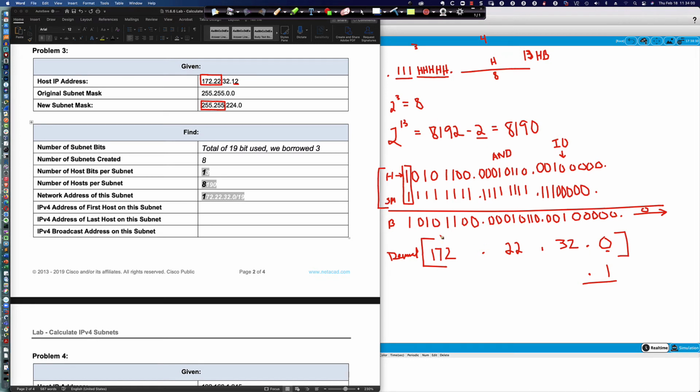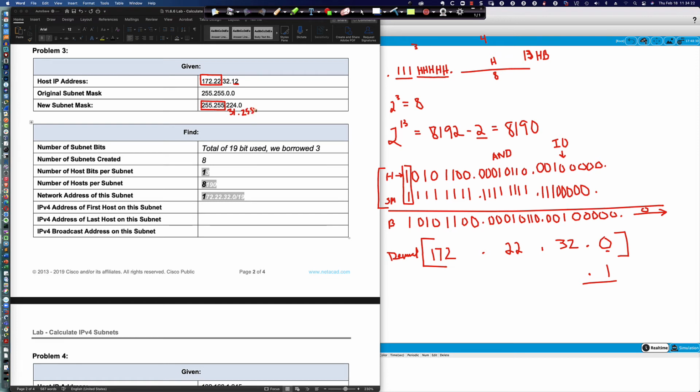And so let me show you that trick that we worked on in problem number 2, where we came up here and we said, okay, well, 224, what do I have to add to that to get to 255? Well, here we would add 31, right? And then what would I add to 0? Well, I would add 255.